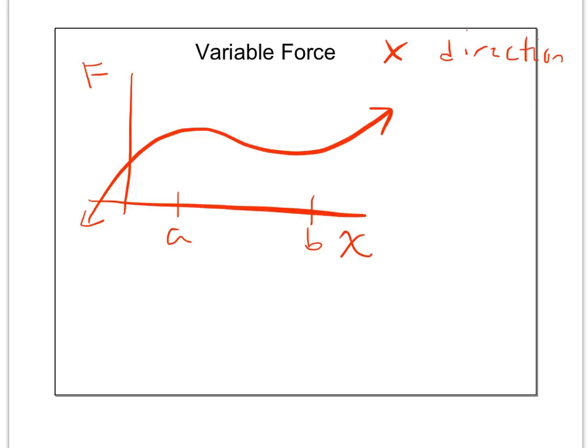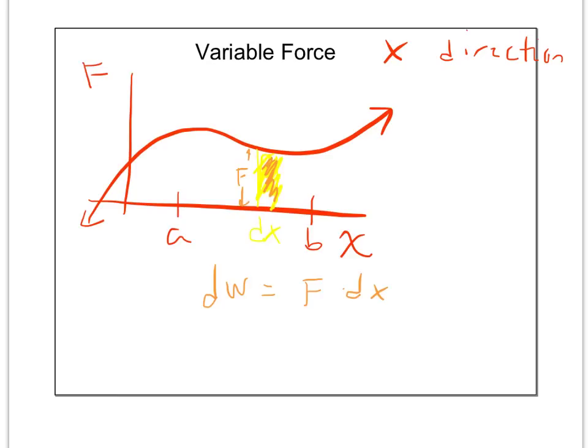So if we were to look at a little sliver right here over a little dx, that sliver represents a little bit of work. And so we're doing a little bit of work, which is my height of f times a little bit of x.